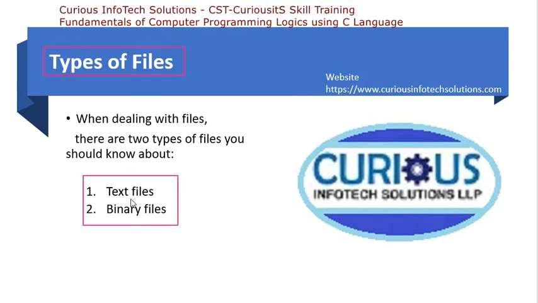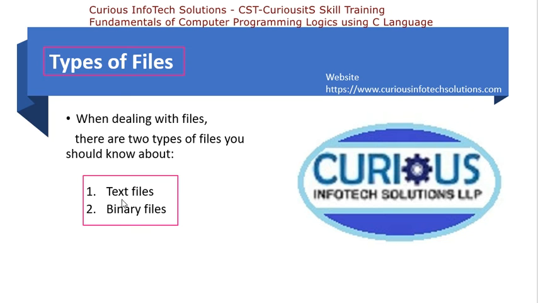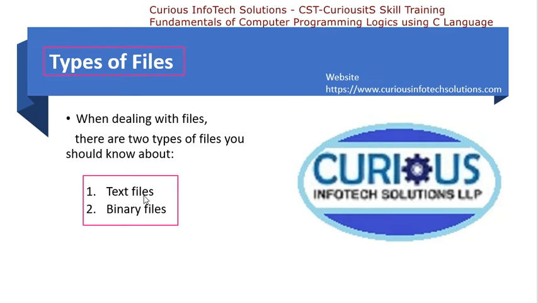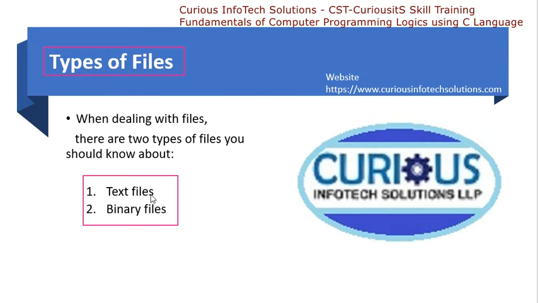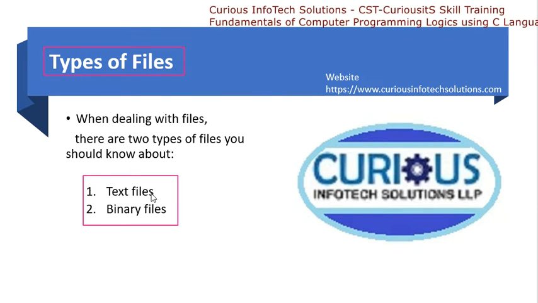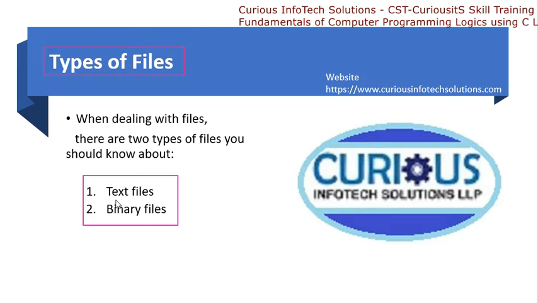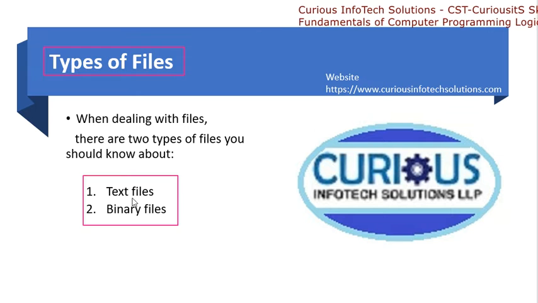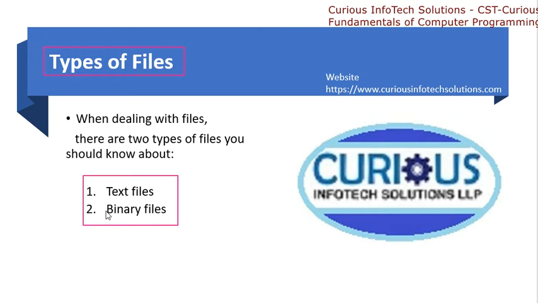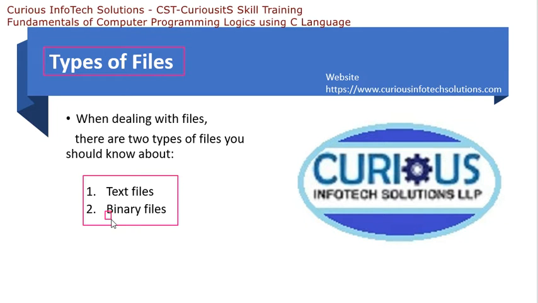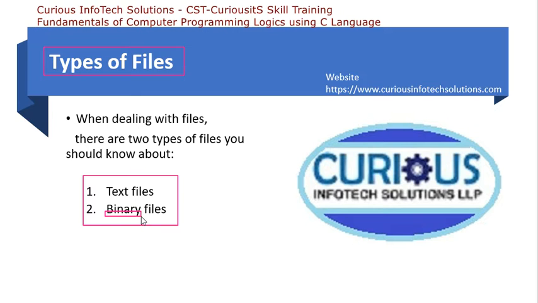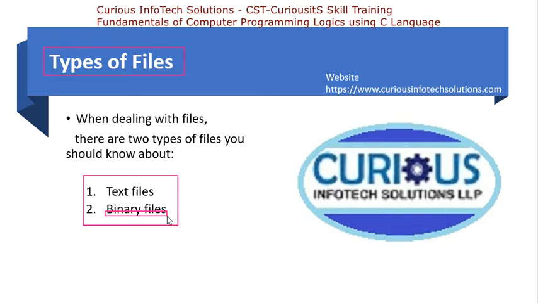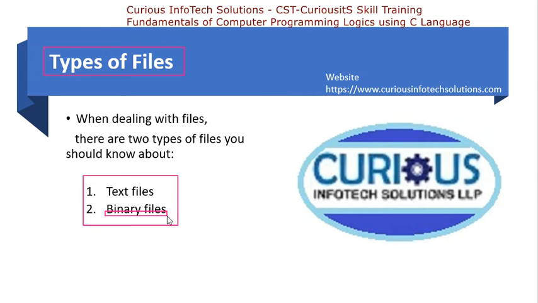The name itself represents it: a text file is whatever we type, read, or save, in human-readable form. But a binary file is in a binary format that cannot be read by any person.